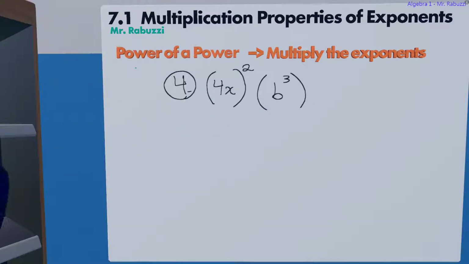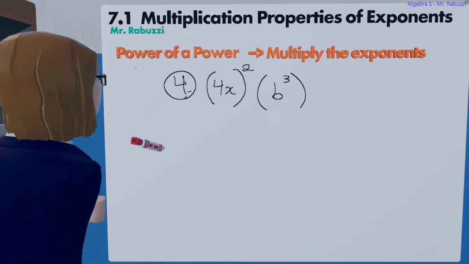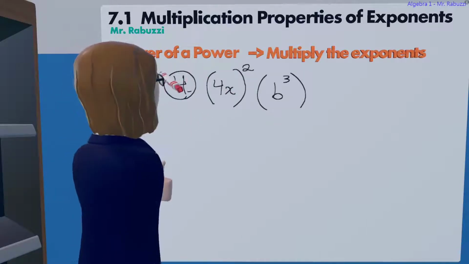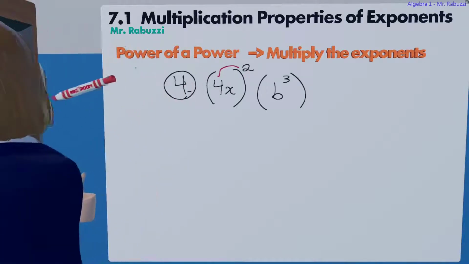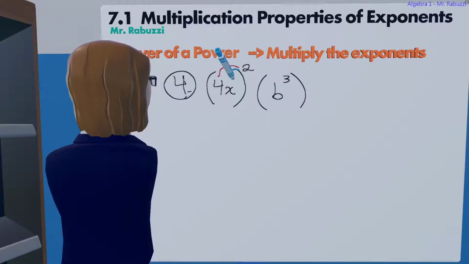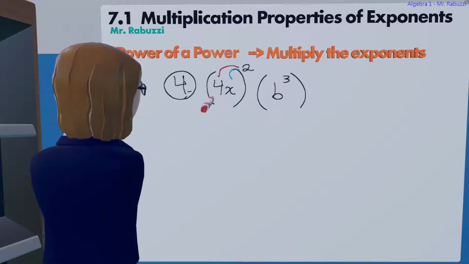So, let's start with we have a power of a power. This 2, it's a power of a power, right? It's outside the parentheses, and it needs to go to both of the pieces. Okay, let's start with the 4.